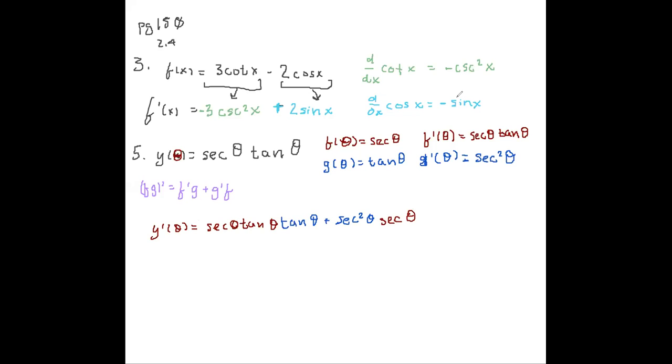This gets simplified down into, we have secant times tan, so this is secant theta tan squared theta plus secant times secant, or secant cubed theta. And this is our answer.